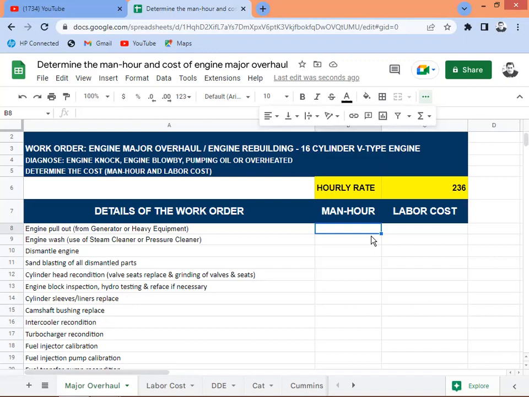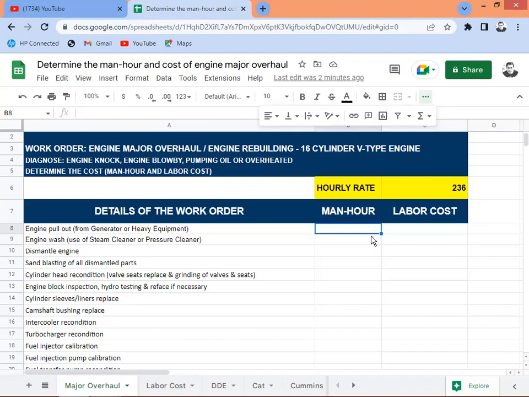I was also involved in generating sets, 1,500 kVA, 2,000 kVA, 4,000 kVA, huge generating sets for the standby power supply of a company. I was handling that before.